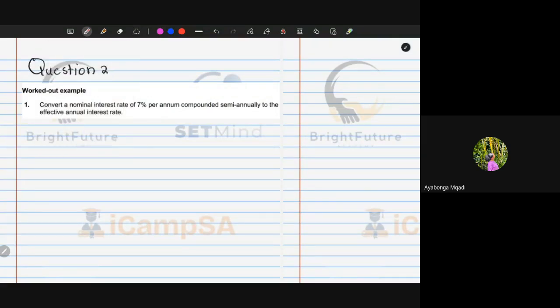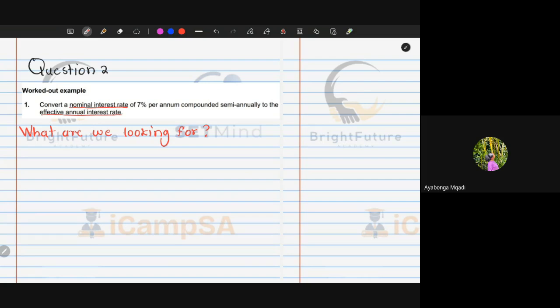So what we need to understand, guys, is when we look here, they are saying convert the nominal interest rate of 7% to the effective annual interest rate. So if you look at this question, what are we looking for? If you read between the lines, it becomes obvious.